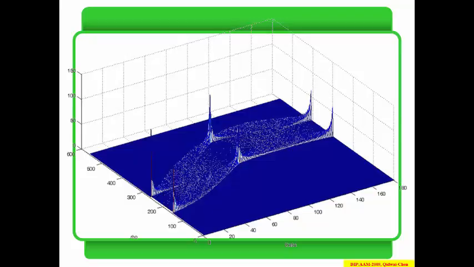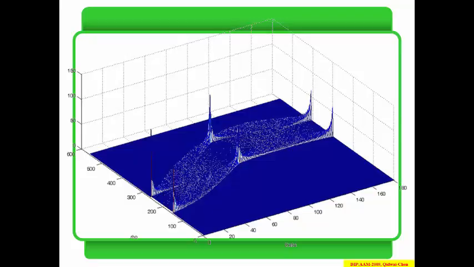Here, the first thing that I want you to consider is that this is the theta, and this is the rho, and the vertical direction or the height corresponds to the values of each accumulator cell.